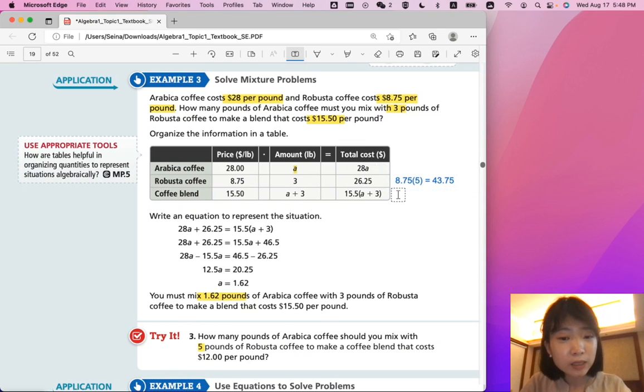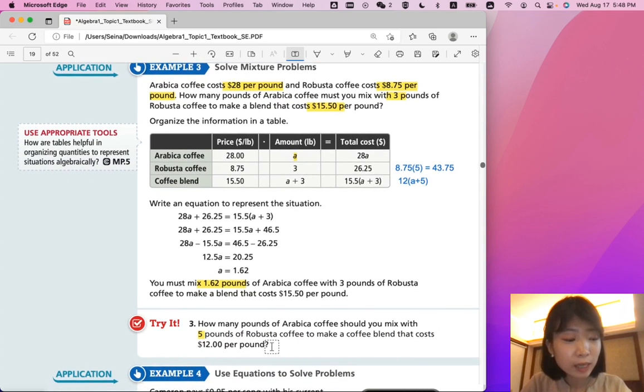And coffee blend, instead of 15.5, you want $12 per pound. So you can write the total cost for the new coffee blend as 12 times A plus 5. And so setting up your equation should be easy now. You should have 28A plus 43.75 is equal to 12 times A plus 5.